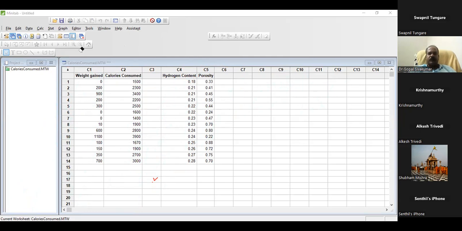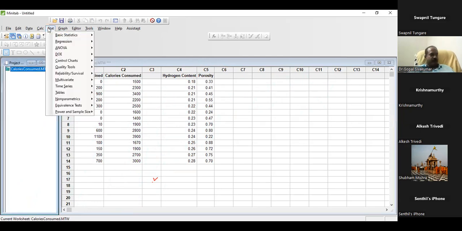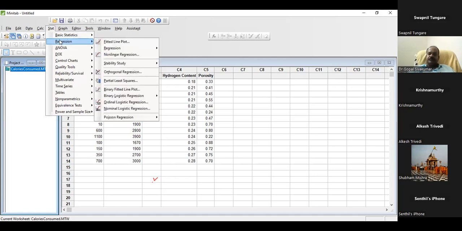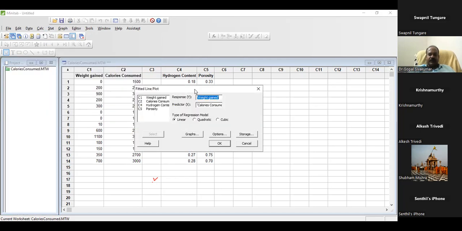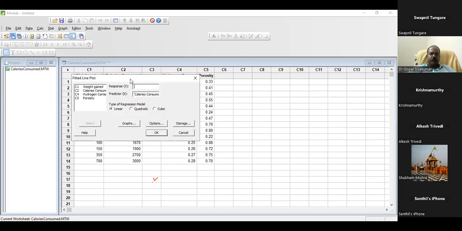Should I go to Stat? Then Regression, then Fitted Line Plot. Then the Y variable is porosity and the X variable is hydrogen content.